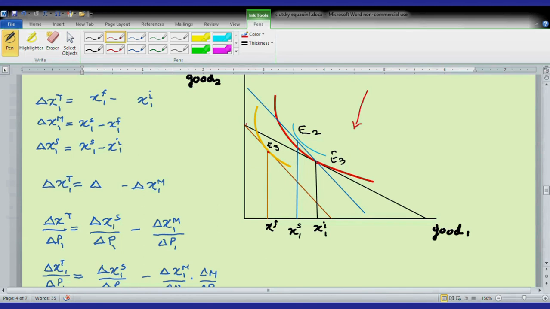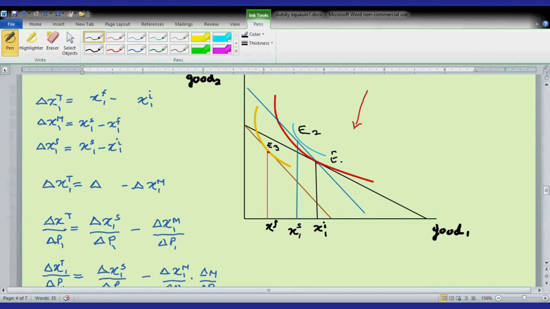Here, in the Slutsky equation, we see the same decomposition of the price effect into income and substitution effect, but in terms of per unit change in the price of any good, and this is actually the Slutsky equation.